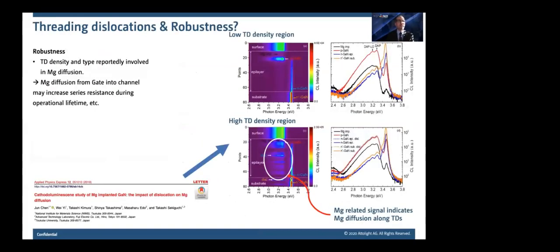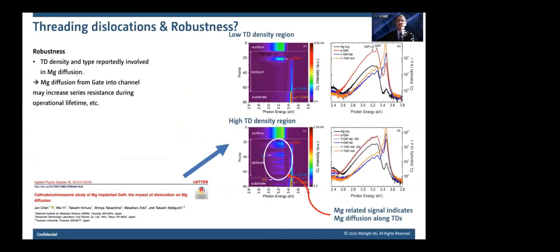Then what is the link, or what is the supposed link between threading dislocations and robustness? This here is a research paper that was published last year. What we see on top is a cross-section of a low threading dislocation density region. What we see in the figure below on the right-hand side is the same figure in a high threading dislocation density region.